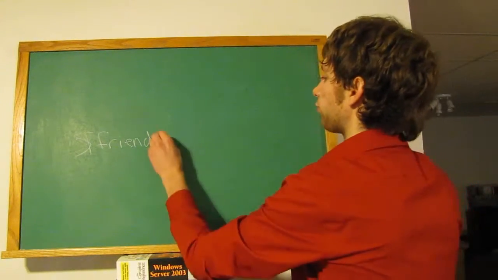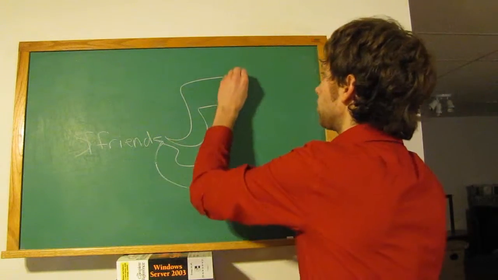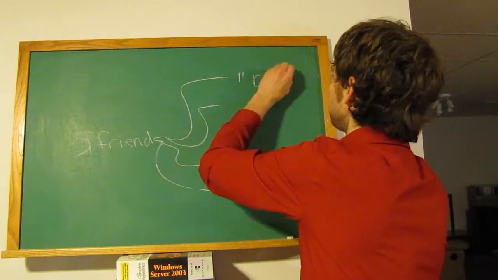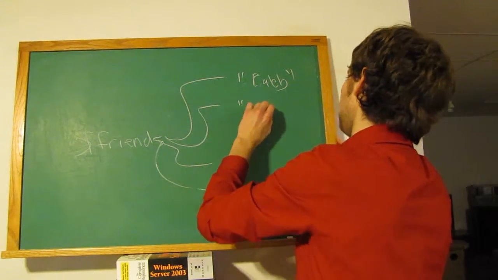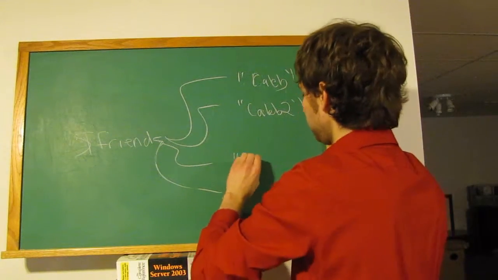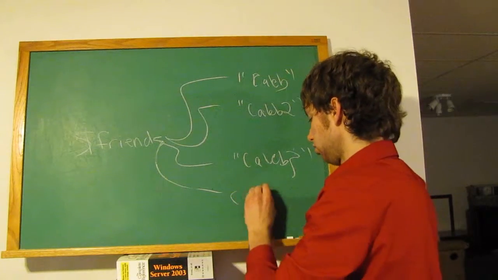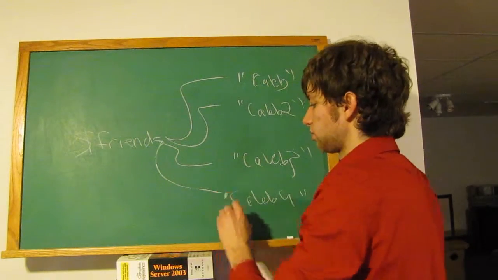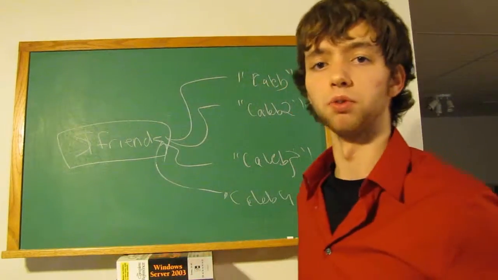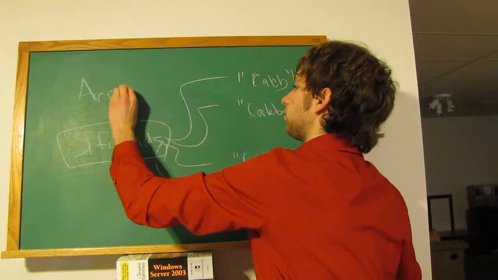So now, friends can point to the string Caleb. It can point to the friend Caleb 2, or Caleb 3, or Caleb 4. You get the point. But this is all contained within one variable. That is what defines an array.